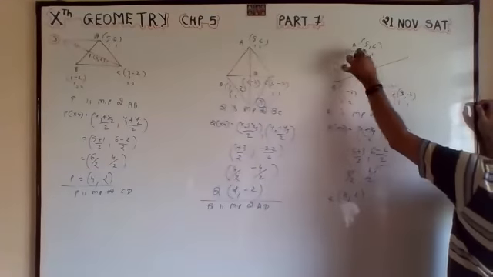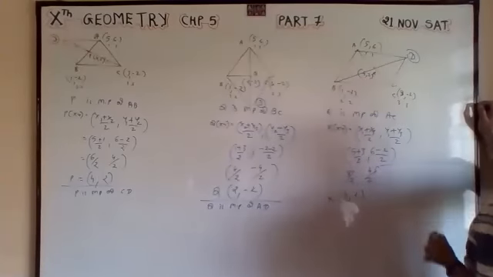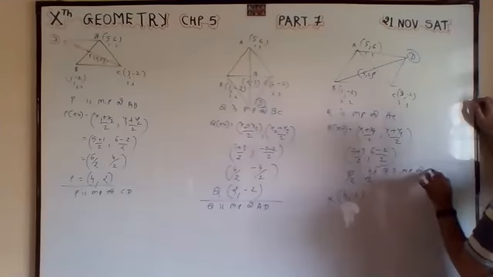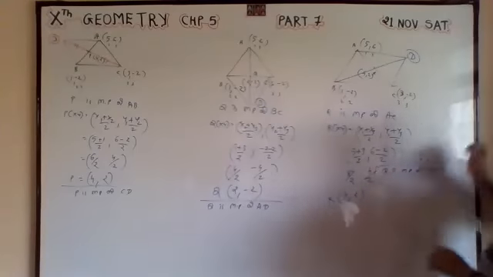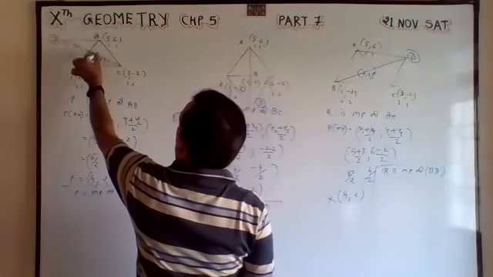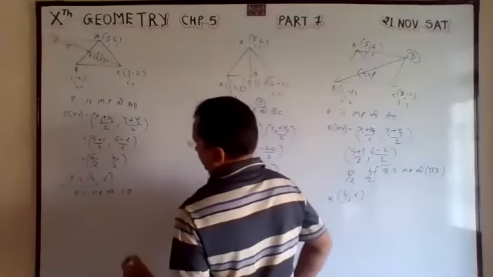R is midpoint of BD. One, two, three. This is 4, 4, 5, 5.